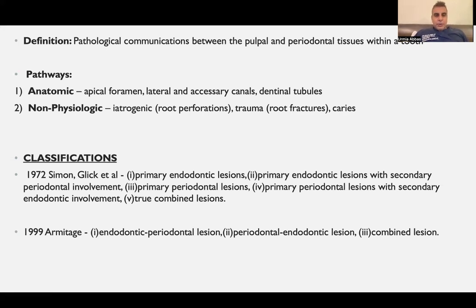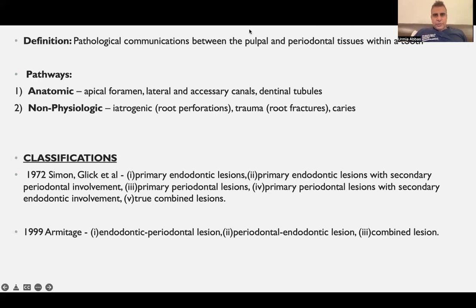Then non-physiological, which is more or less pathological, could be due to root perforations, which can happen while doing a root canal, or if there's some trauma, or caries.